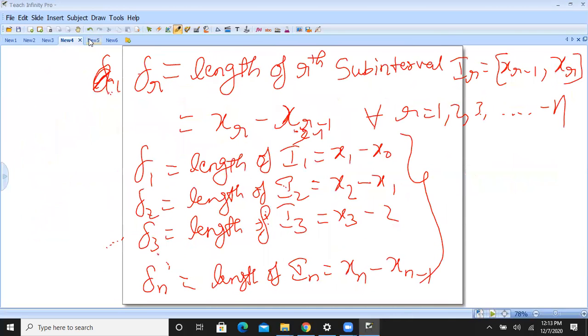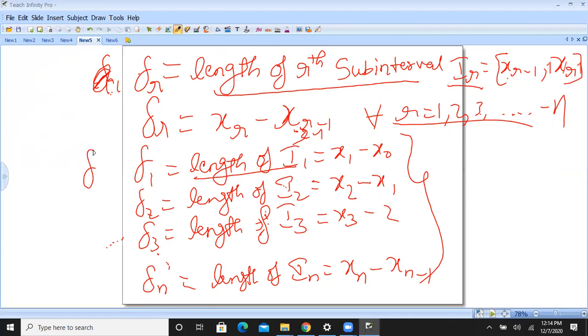Next, in continuation, delta r is equal to the length of the rth subinterval Ir, which is x(r minus 1), xr. So delta r is equal to xr minus x(r minus 1), where r ranges over all the natural numbers. The length of I1 is x1 minus x0.